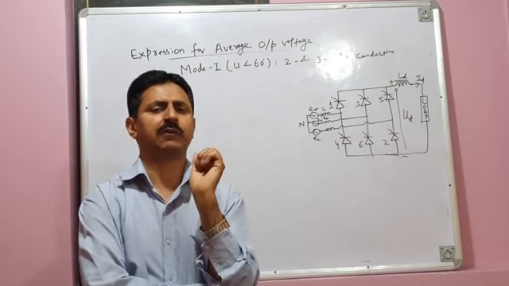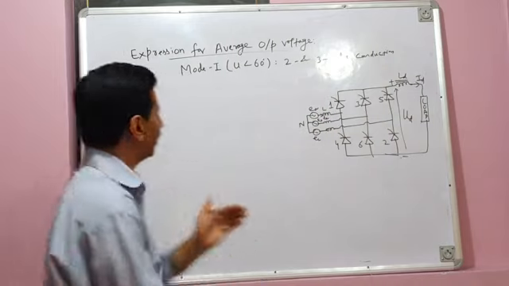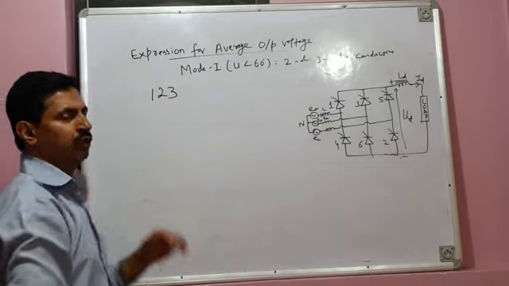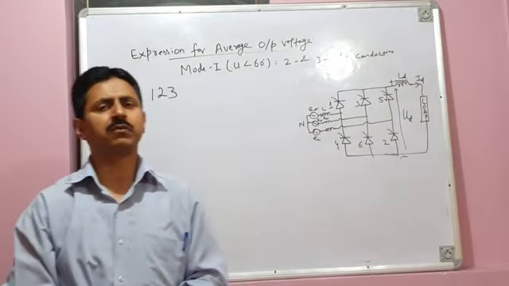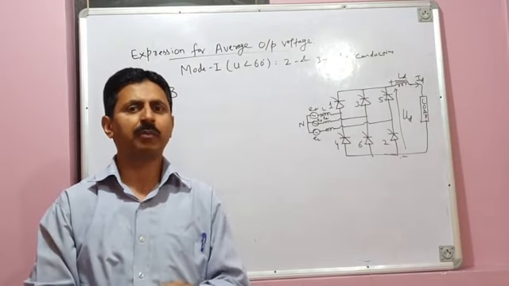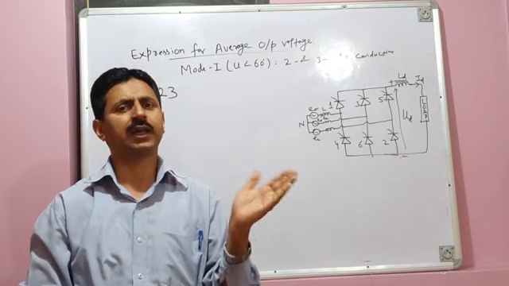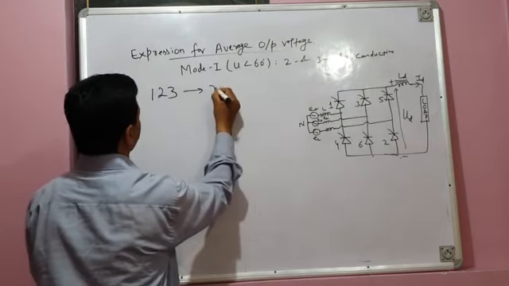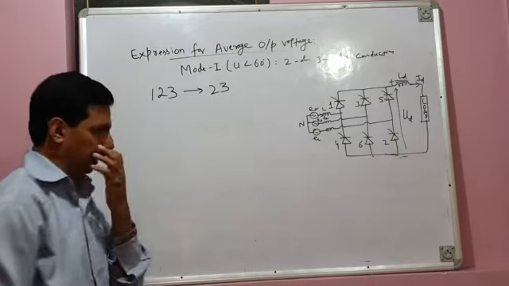So this gives us 3 valve conduction, 1, 2, 3, during U. Once the commutation between 1 and 3 is over, valve 1 will be out and all the current is transferred to 3. So 3 valve conduction will be followed by 2 valve conduction, 2, 3.